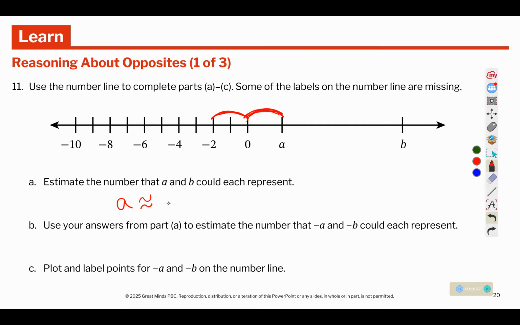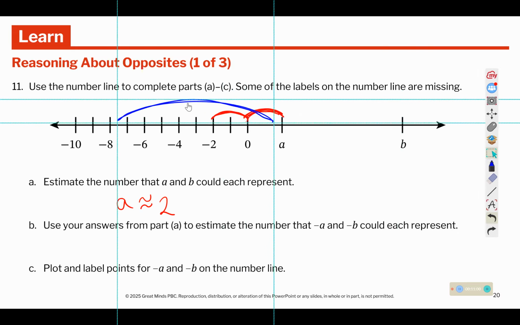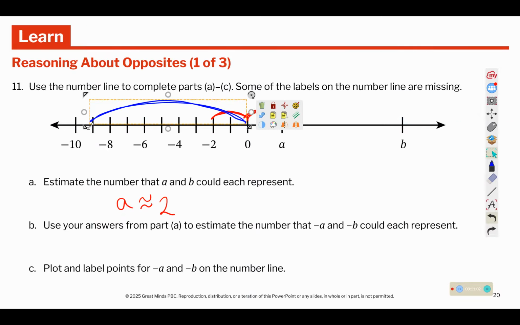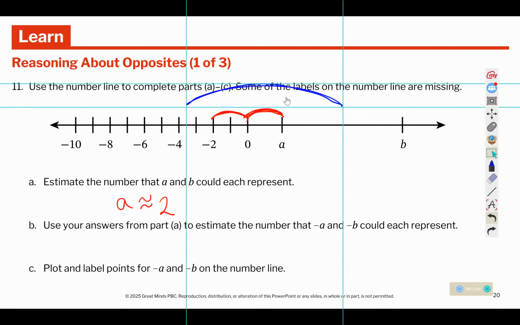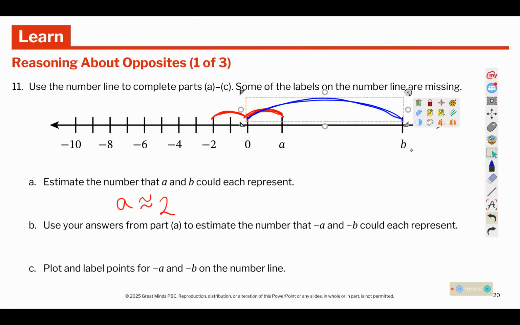We're going to use the little squiggles as our estimation or approximation. B is further away. If we went in the opposite direction, that same distance, we ended up at about -9. So B is approximately +9. It's the same distance, but in the other direction.